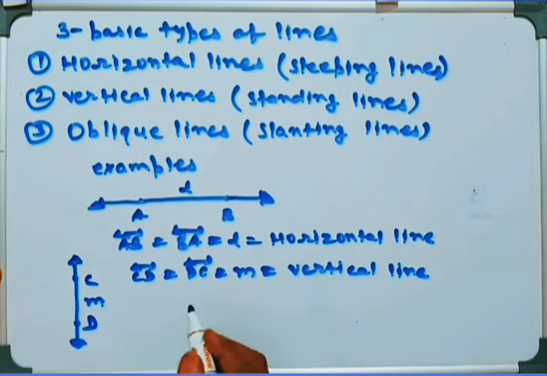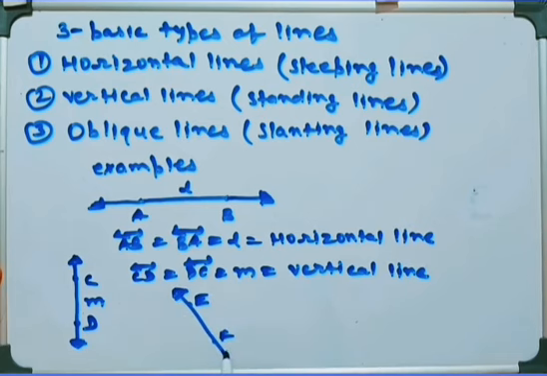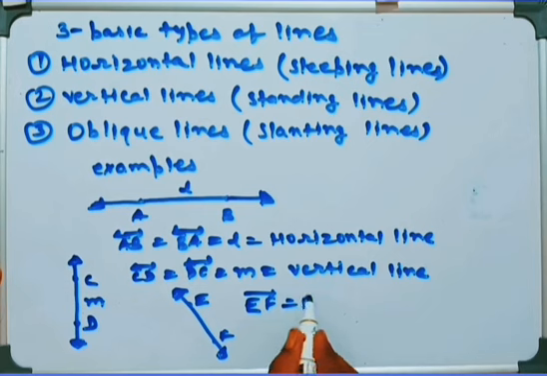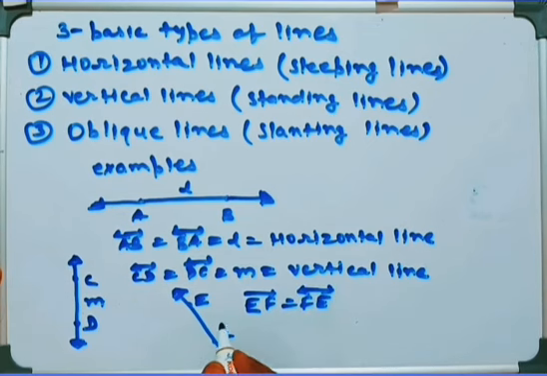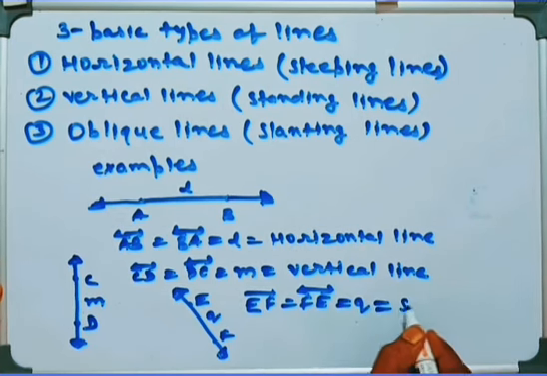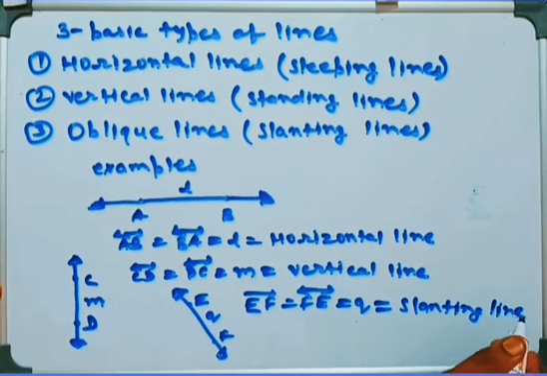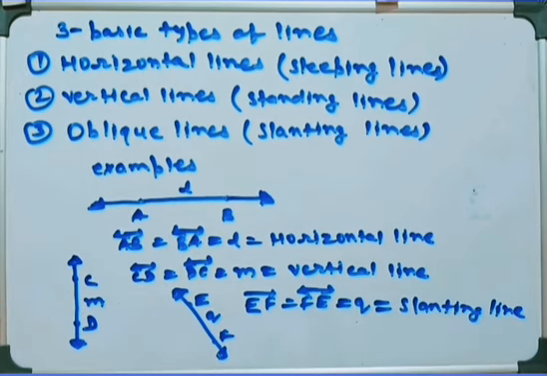See here, suppose E and F are two different points, and put arrowheads like this, and EF, FE, say this line is Q, then Q equals slanting line or oblique line.